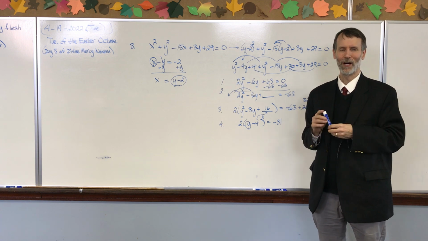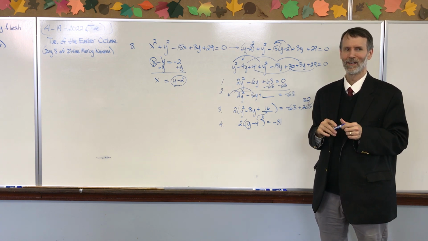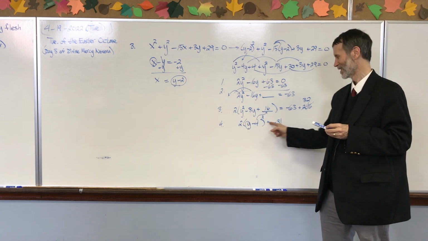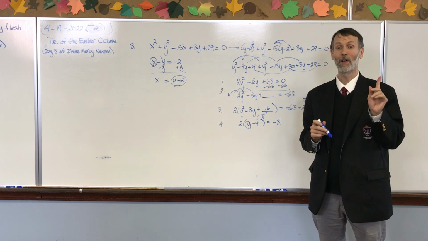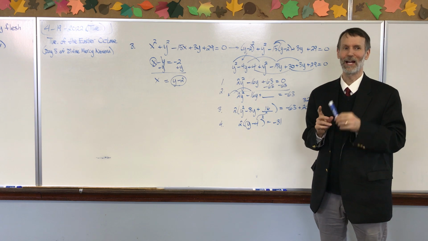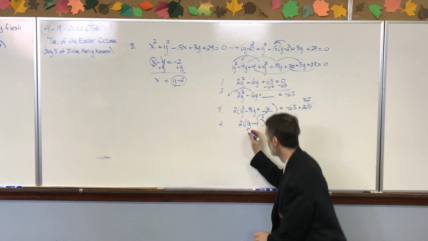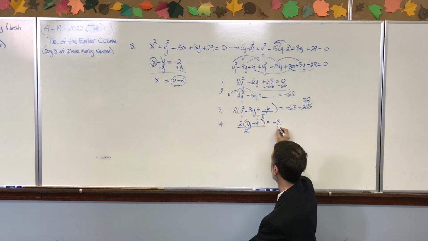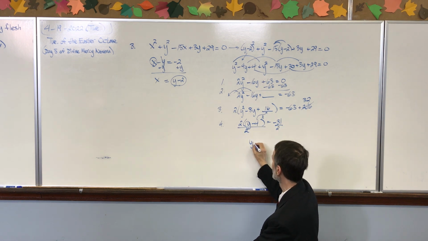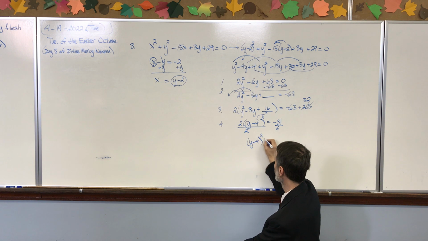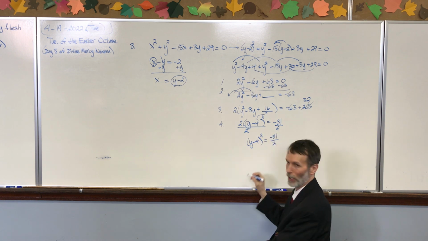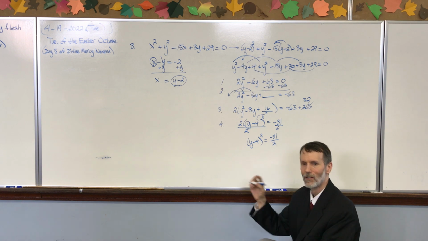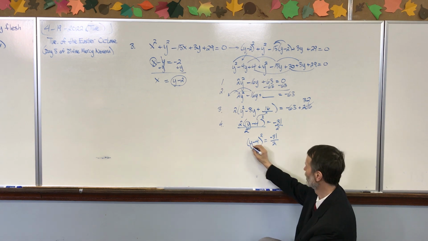How many species of y are there? Just one now. What can you use? Algebra. Do it. What do you get rid of first? The 2. How? Divide. So (y minus 4) squared equals what? Negative 31 over 2. Now what? Square root. How many answers? 2.